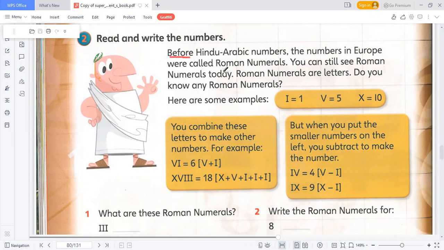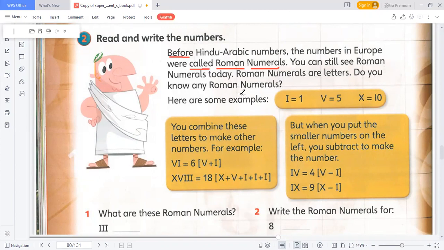Before Indo-Arabic, for Hindu-Arabic, the number is... You call it Roman numeral. Yes, Roman numerals. You can still see Roman numerals today.